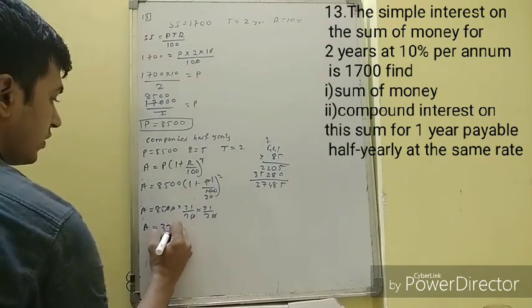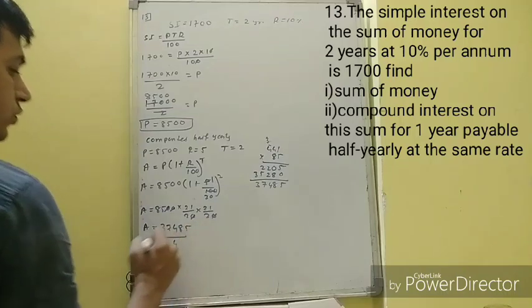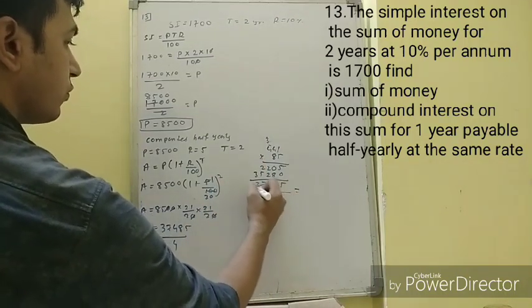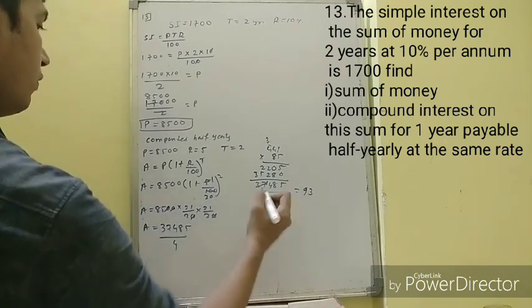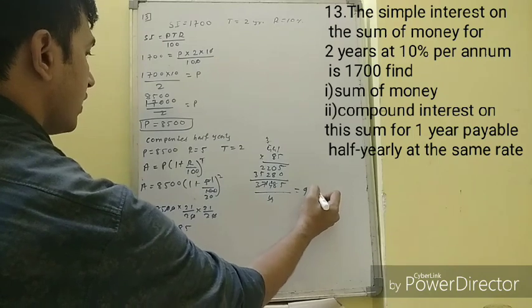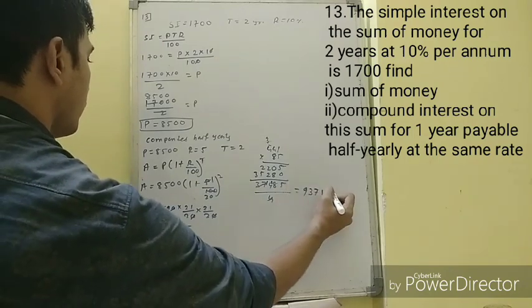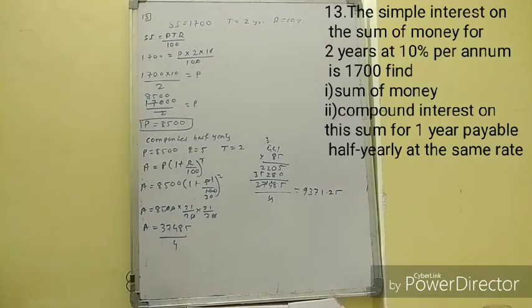Okay, so 3, 7, 4, 8, 5, and it is divided by 2 2s are 4. So we just divide it by 4. So what is the answer? 4 9s are 36. 1 carry. 4 3s are 12. 4 7s are 28. 4 1s are 4. 1 0 4 2s are 8. 4 5s are 20. So 39,371.25.